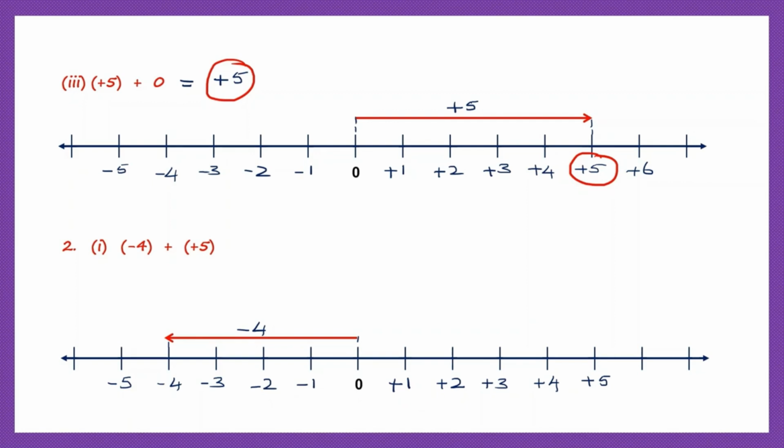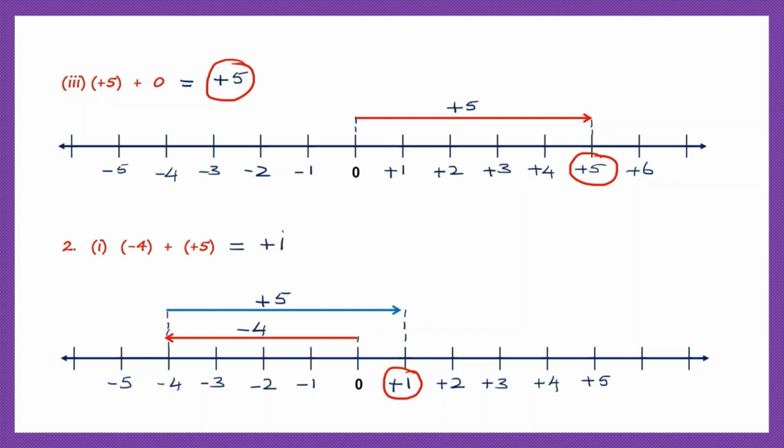So we'll come all the way here, that is up to plus 1. So we've got our answer here. This is plus 1 and we have moved 5 steps to the right. So we've got our answer, plus 1.